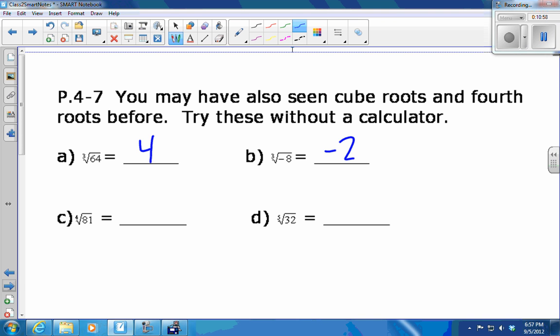Fourth root of 81, that is a number that when you raise it to the fourth, you get 81. It's actually just 3. It's an interesting question that we'll talk about when we get to inverses.